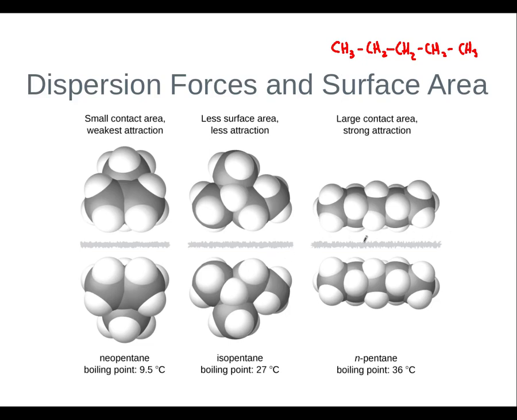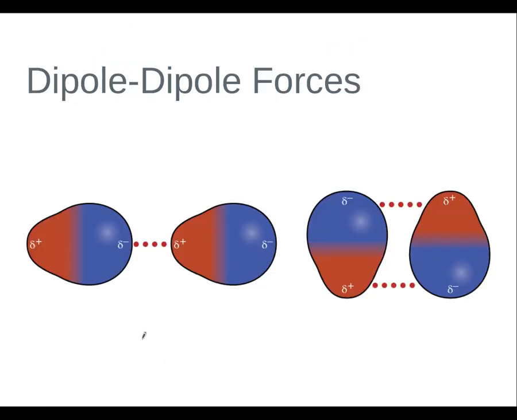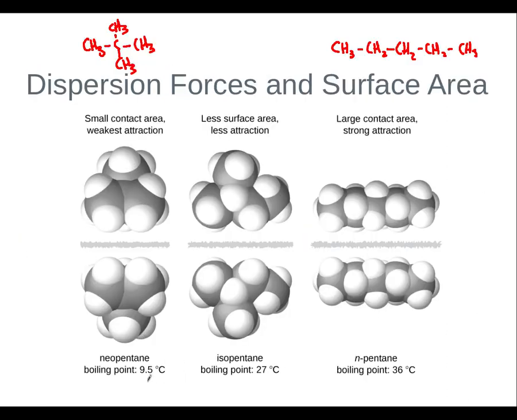But if I take that same molecule and rip the two ends off and put them on that middle location, that's going to greatly reduce the surface area because it's now much more compact. That's what we see over here with neopentane. If you look, the boiling point is decreased. Branching affects it because it lowers the surface area.